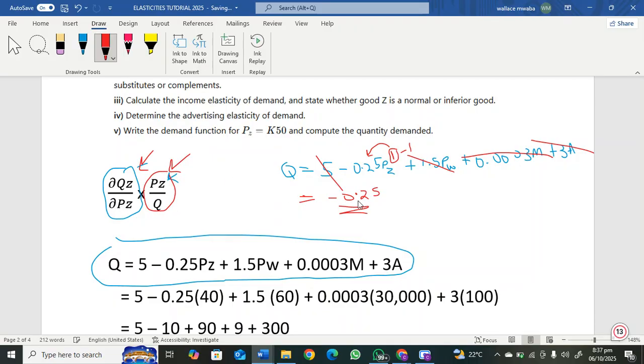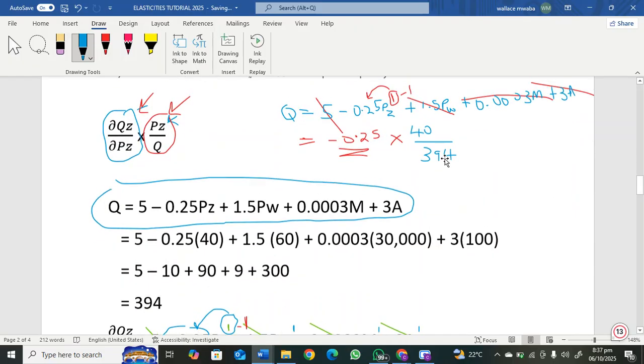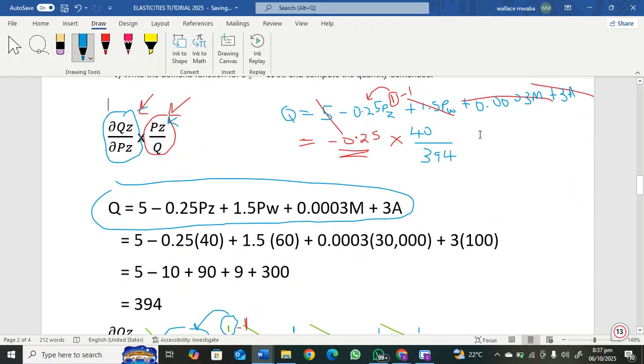So this negative 0.25, we're going to multiply it with PZ. We said it is 40. In the equation they gave us, the price of good Z is 40. Q, we calculated 394. Okay, so let us calculate what value we get.